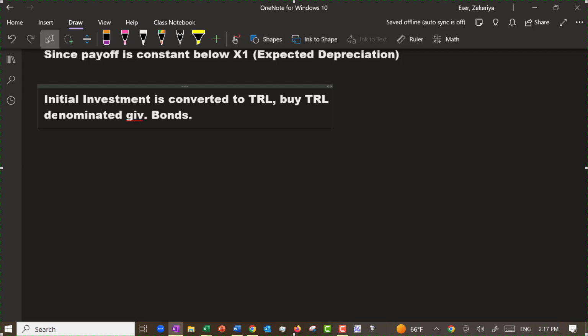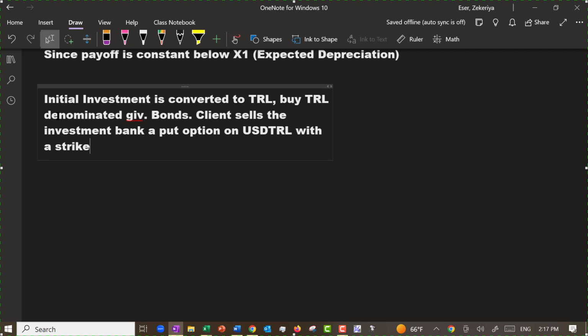Client sells the investment bank a put option on USD TRL with a strike of expected deval.